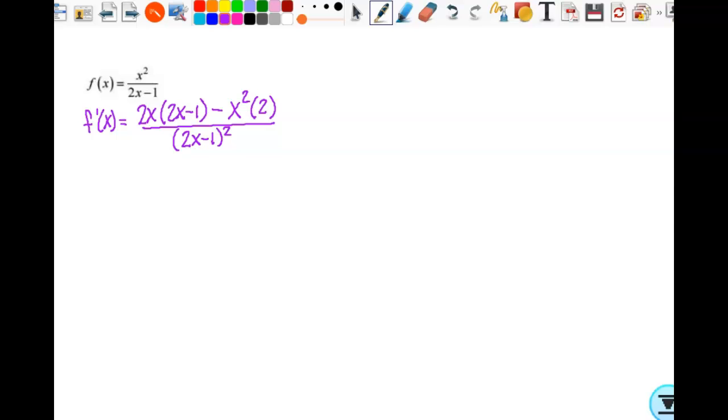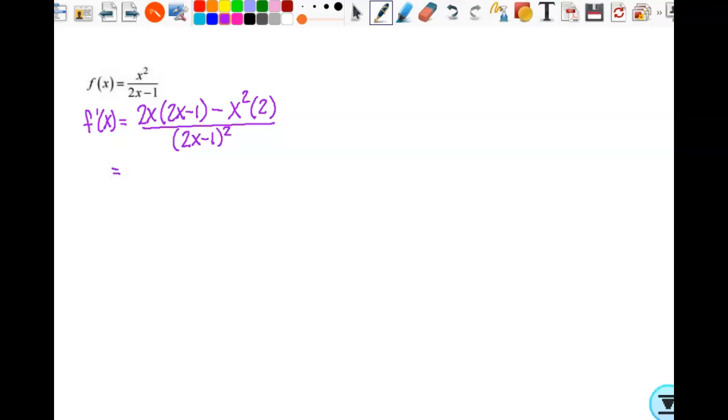Okay. So I heard, do we have to simplify it or do we have to clean it up? So the answer is yes and no. You gotta think about what we have to do with this. We have to find our zeros of the numerator and the zeros of the denominator. Well, the denominator is factored and looks good. The numerator needs to be cleaned up. So we're gonna clean this up.